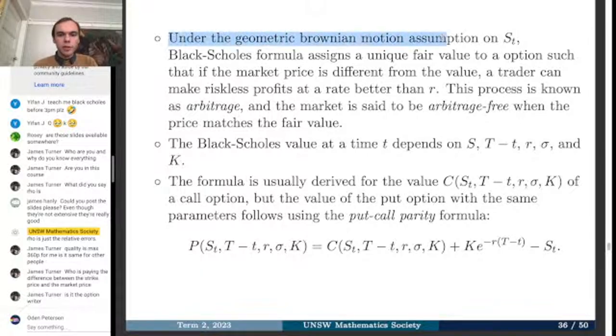And so if we assume this geometric Brownian motion model, there's a hedging argument that was presented in the final lecture of the course that basically derives a fair value for the call option by thinking about how we can construct a portfolio in terms of the option and a future or the stock.